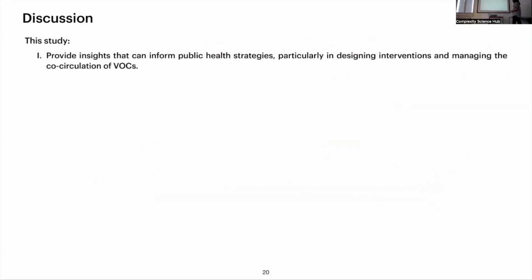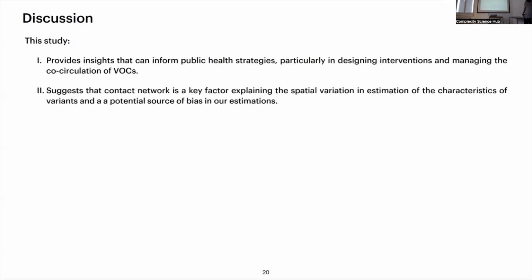Then our study provides insight that can inform public health strategy to design interventions and manage the co-circulation of variants of concern. Our study also suggests that the contact network is a key factor for explaining the spatial variation in the estimation of characteristics of a variant.